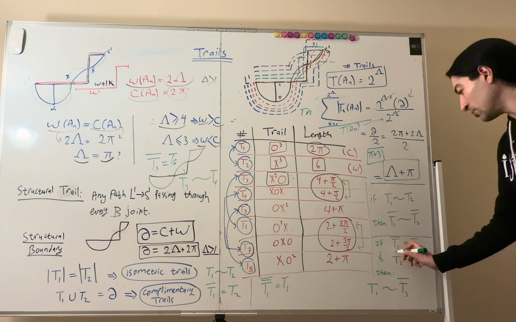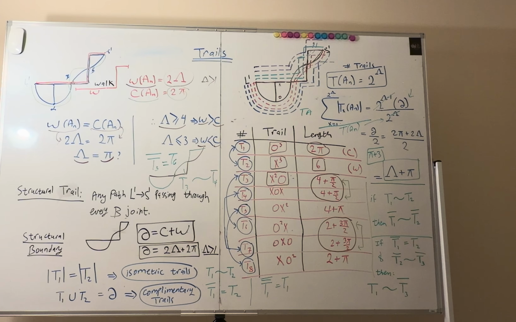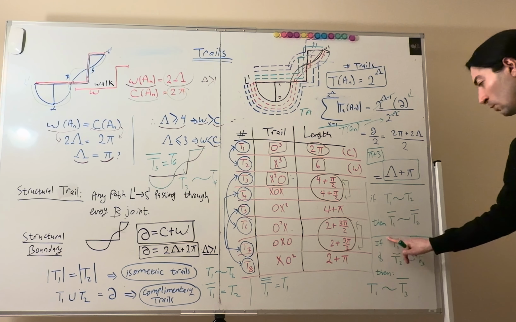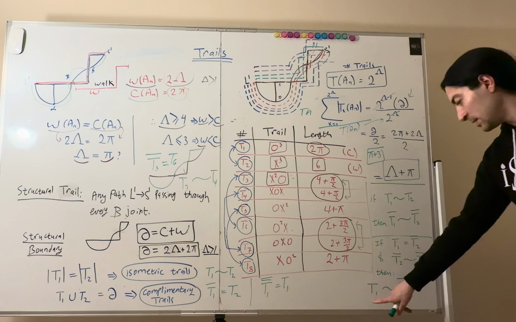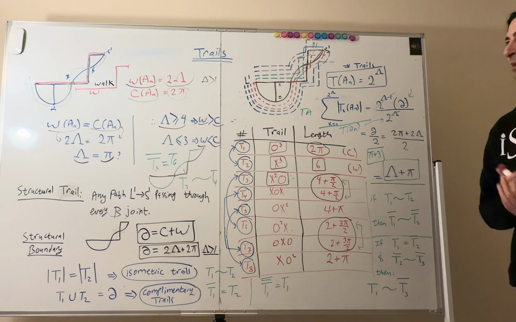The complement of T2 is isometric to the complement of T3. And the complement of T2 is equal to T1. So therefore, T1 is isometric to the complement of T3. Thank you very much.